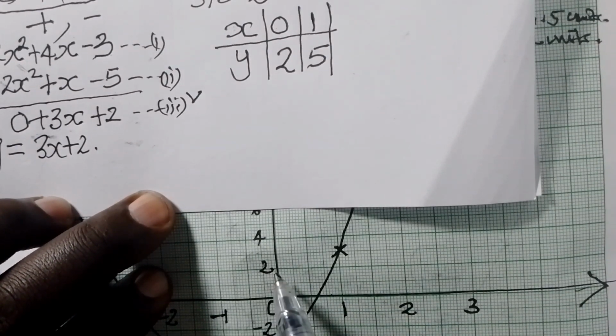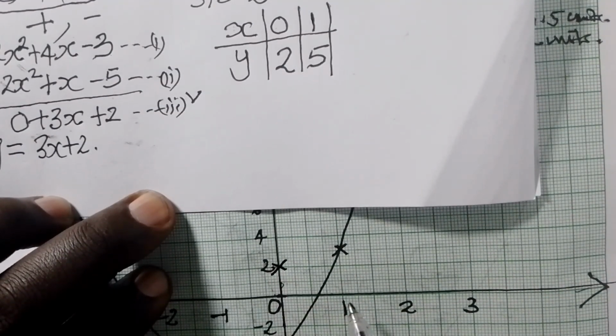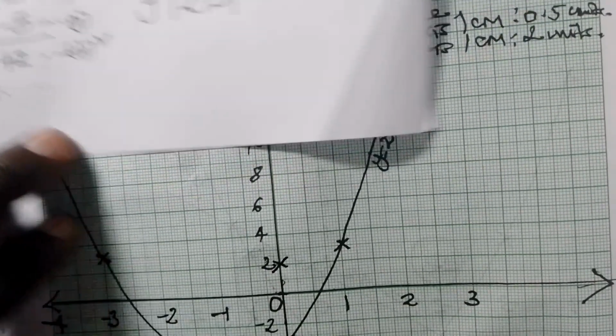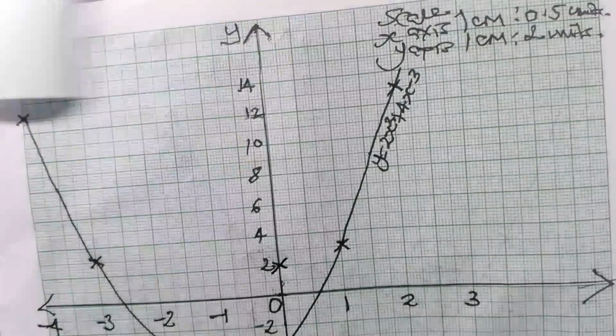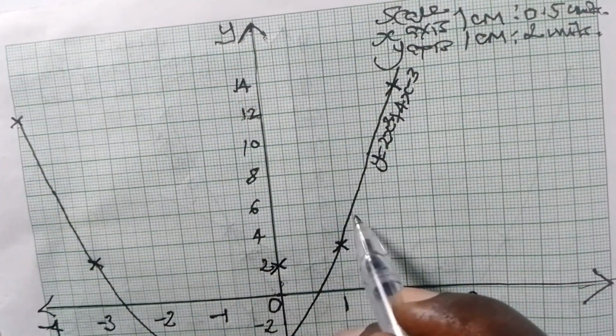Put a mark there. And when x is equals to 1, y will be equal to 5.